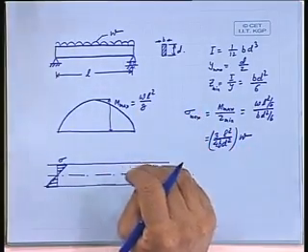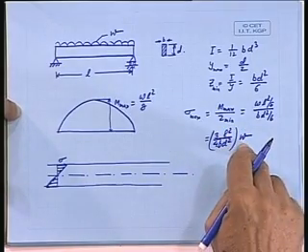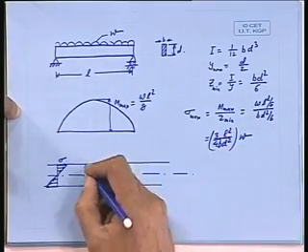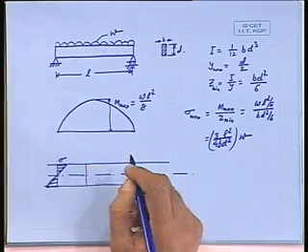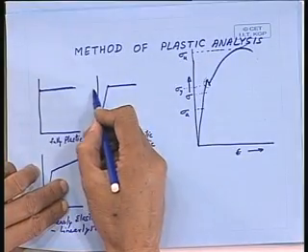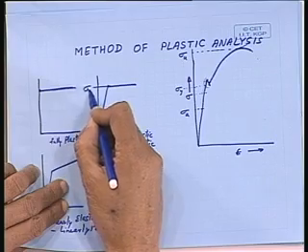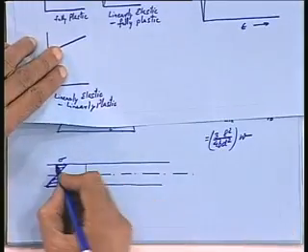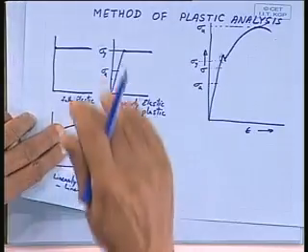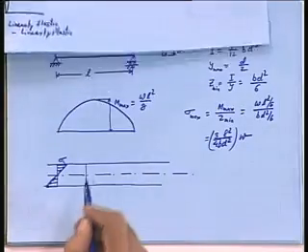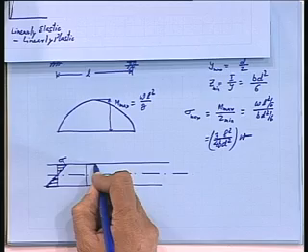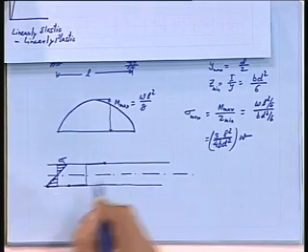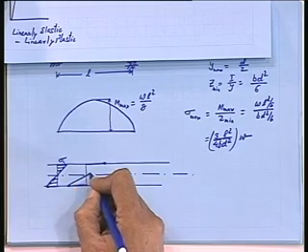Now I want to load it further. That means I can still load it here and this sigma will keep on increasing. So a stage comes when, according to this diagram, say I have taken some value sigma A here. Now I keep on increasing the load and I go to a stress level which is sigma ultimate or sigma Y.